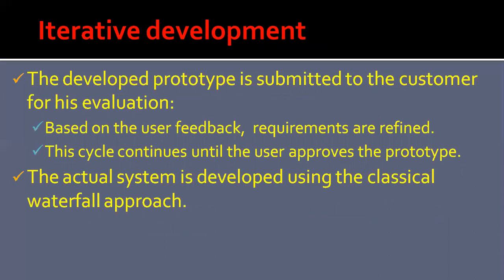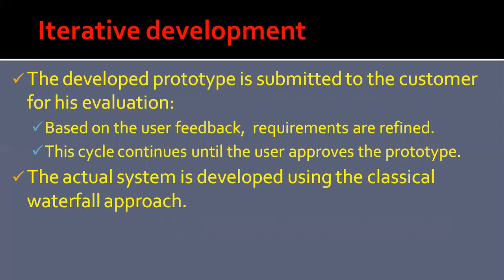In spite of the availability of a working prototype, the SRS document is usually still needed, since it is invaluable for carrying out traceability analysis, verification and test case design during the later phases.